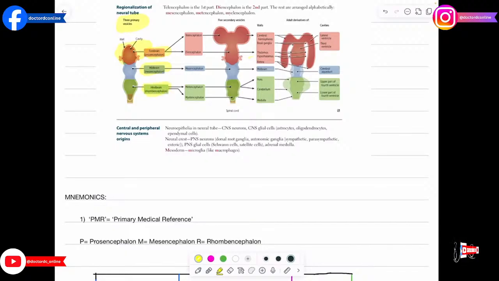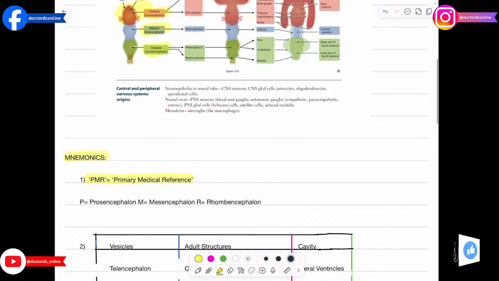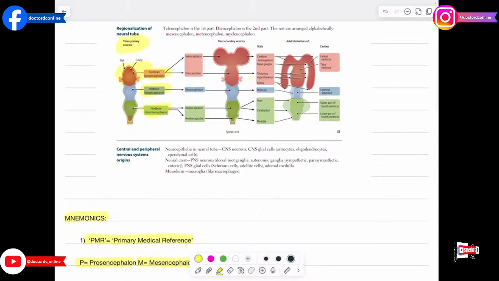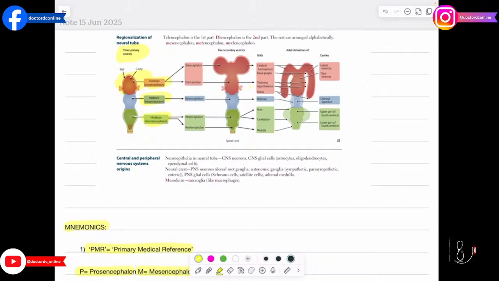The forebrain is also known as the prosencephalon, the midbrain as the mesencephalon, and the hindbrain as the rhombencephalon. Here is an interesting mnemonic to remember it, and it's very easy: PMR, primary medical reference. P for prosencephalon, M for mesencephalon, R for rhombencephalon.